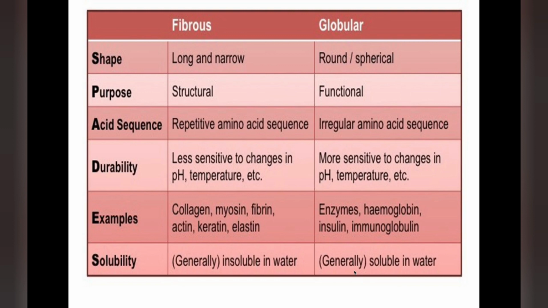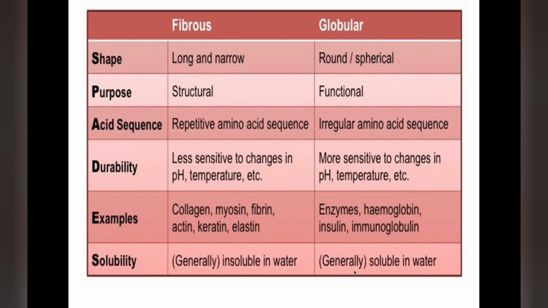In fibrous, the shape is long and narrow, whereas in globular it is round or spherical. The purpose of fibrous is structural, globular is functional. In fibrous, the amino acid sequence is repetitive, whereas in globular an irregular amino acid sequence can be seen.